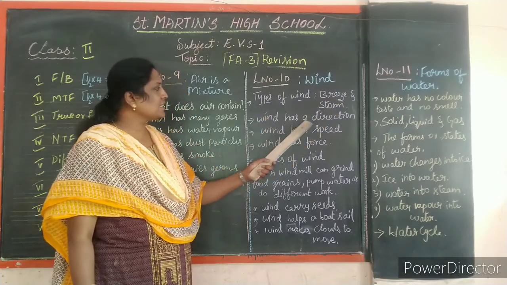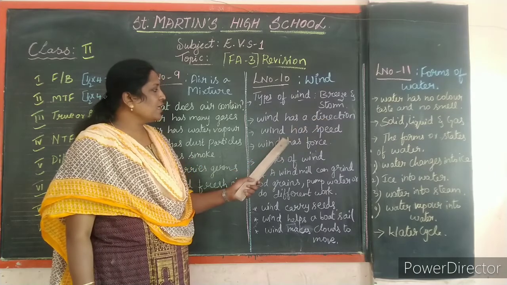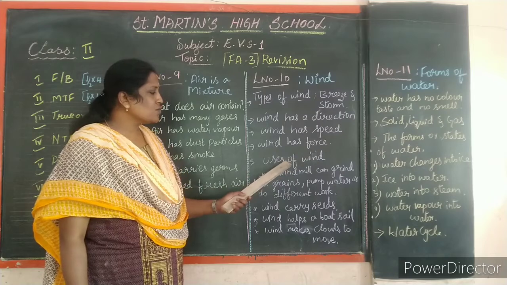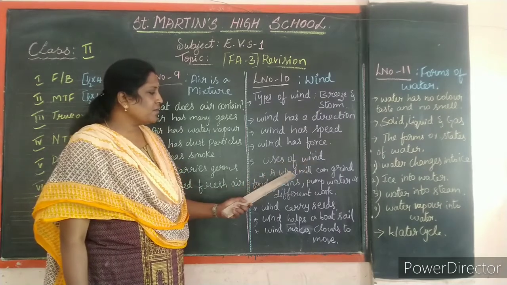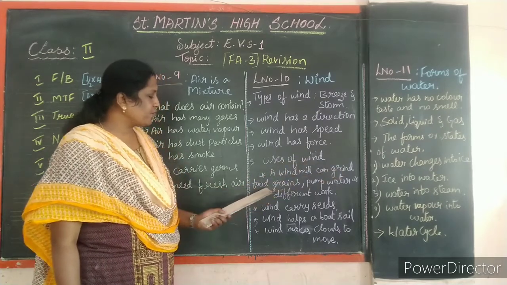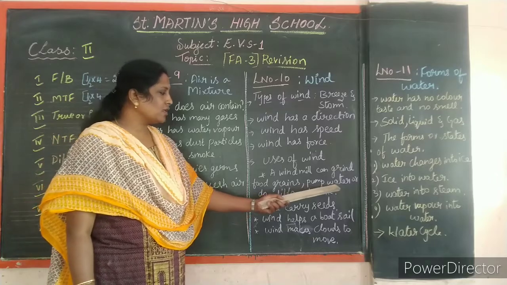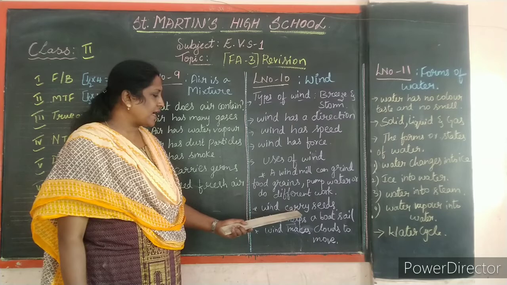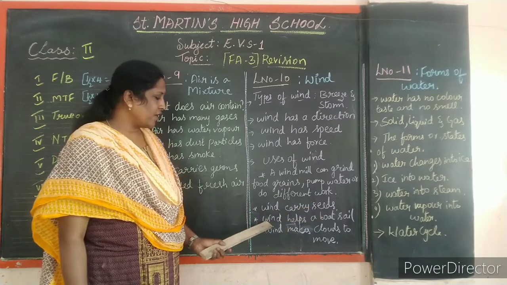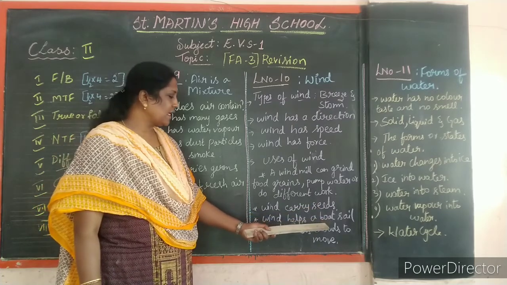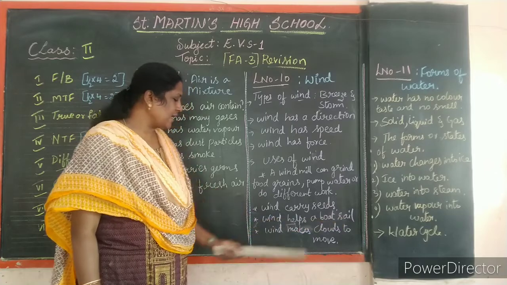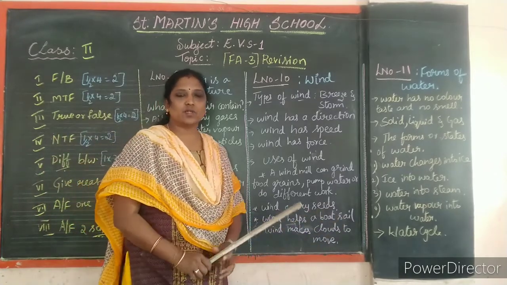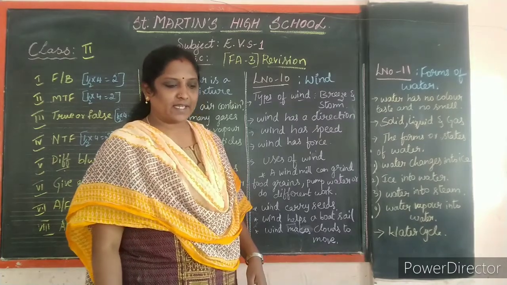Wind has direction, speed, and force. The uses of wind: a windmill can grind food, grain, pump water, or do different work. Wind carries seeds, helps a boat to sail, and makes clouds move, and wind also helps to dry clothes.